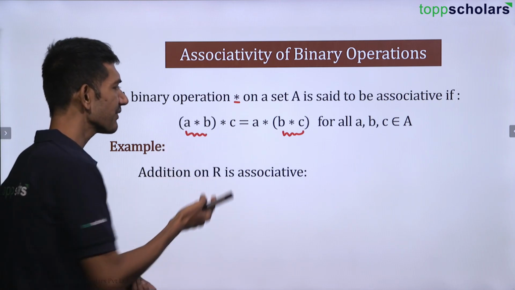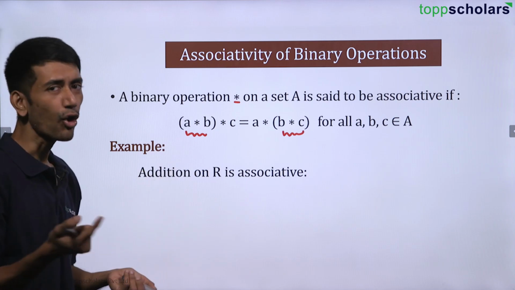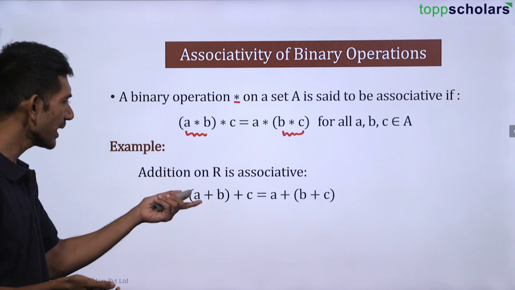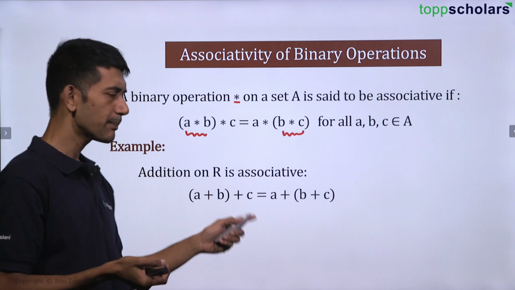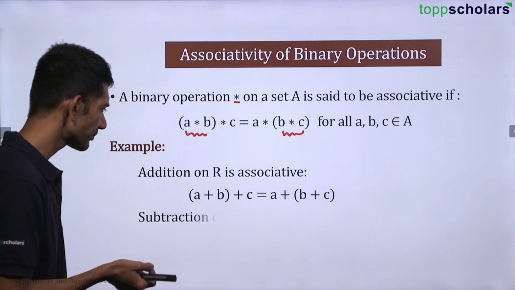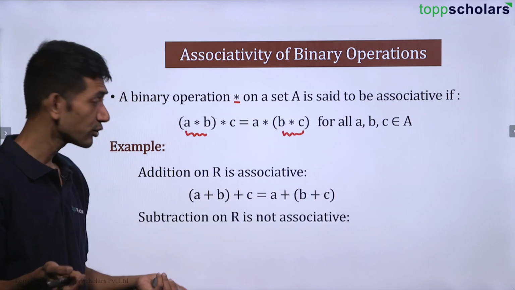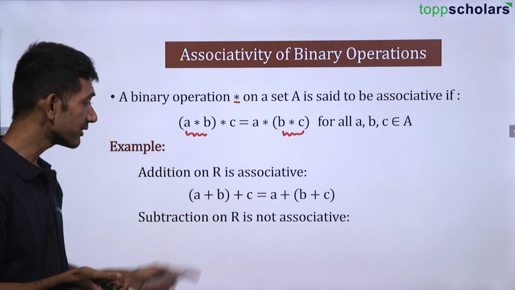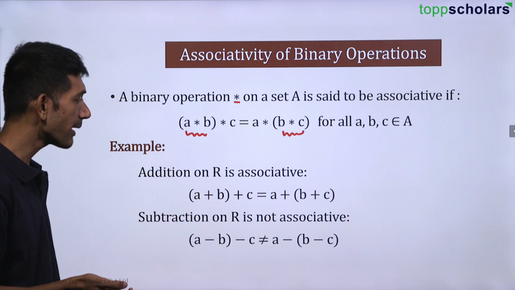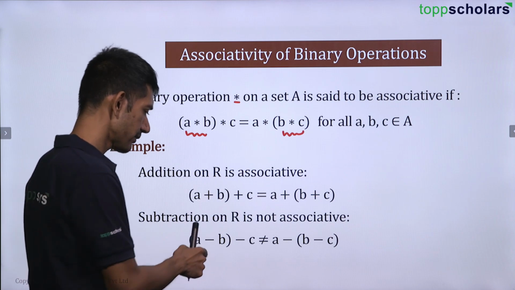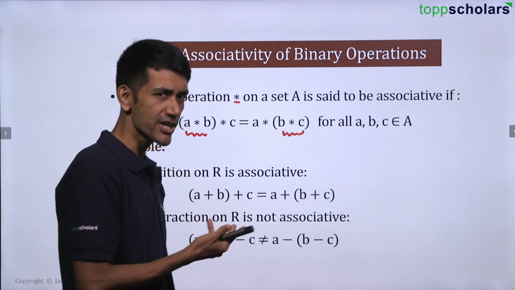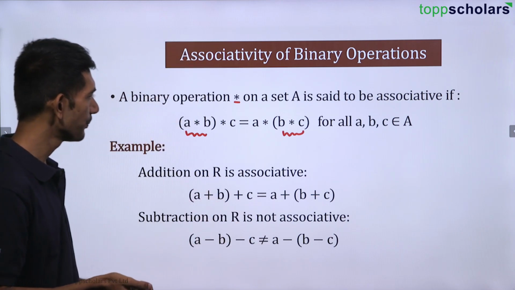If A, B, C are real numbers and you add them, the order does not matter, right? (A plus B) plus C is equal to A plus (B plus C). We know this. Subtraction is not associative. That is (A minus B) minus C is never equal to A minus (B minus C). You can take any three real numbers and check. You are not going to get this as equal.